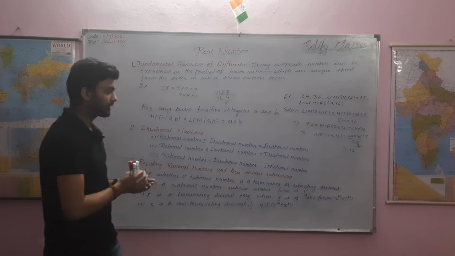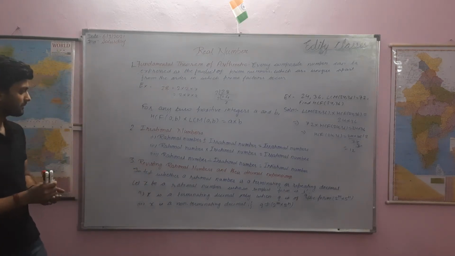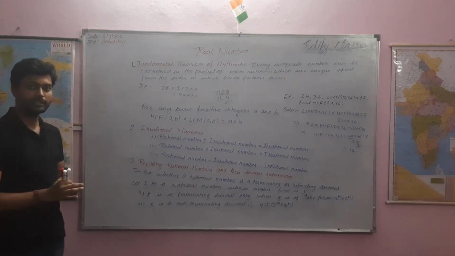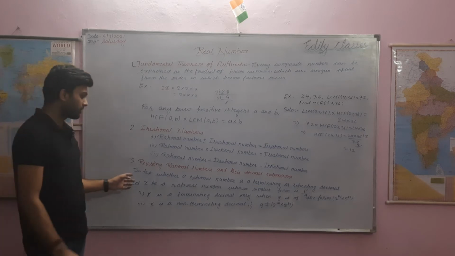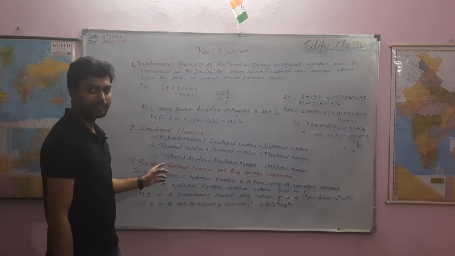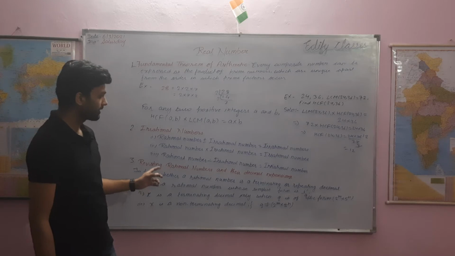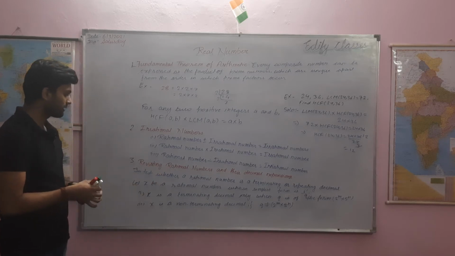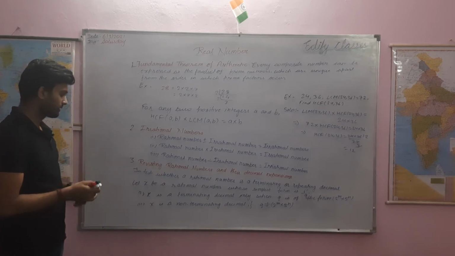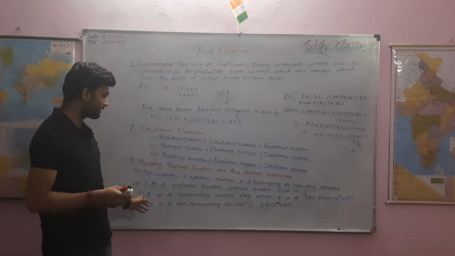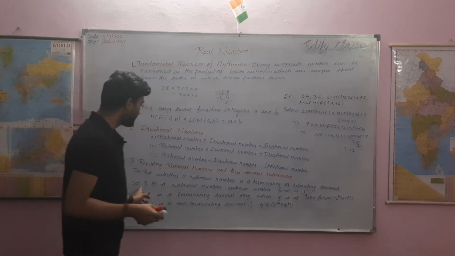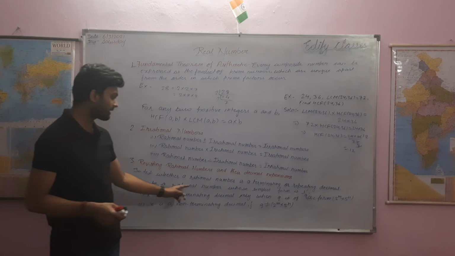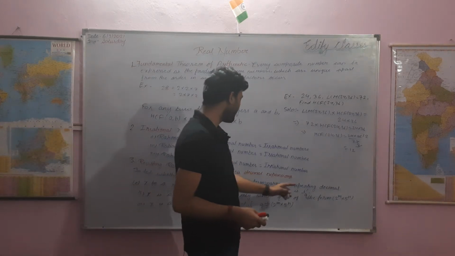The third concept in this chapter is about the decimal expansion of rational numbers. In order to test whether a rational number is terminating, non-terminating or non-terminating repeating, we have to check: let x be a rational number whose simplest form is p by q.